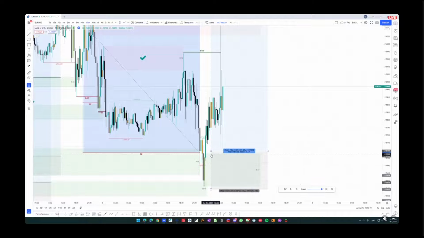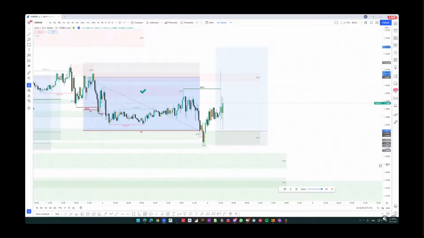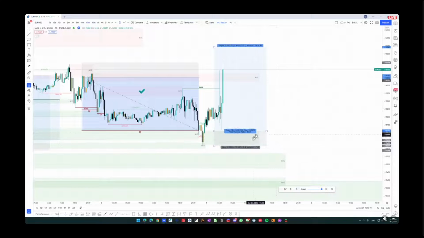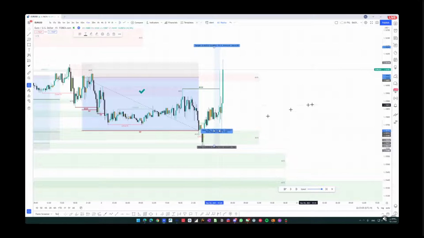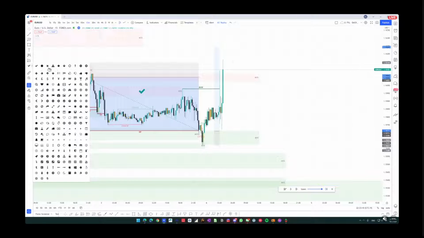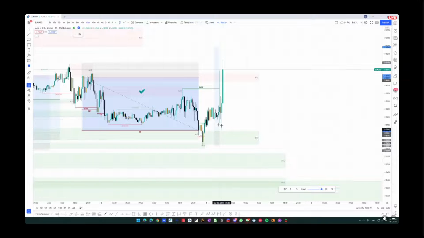We didn't get tapped in, but I think that's fine because our entry should have been at the top of the demand zone at best. So I think it goes up from here if I remember correctly. So this one we didn't get tapped into. Let's just mark this as: we didn't get tapped into this.